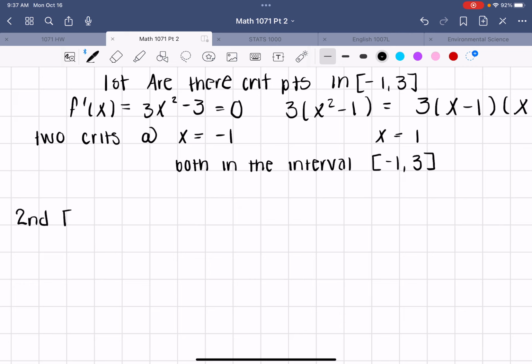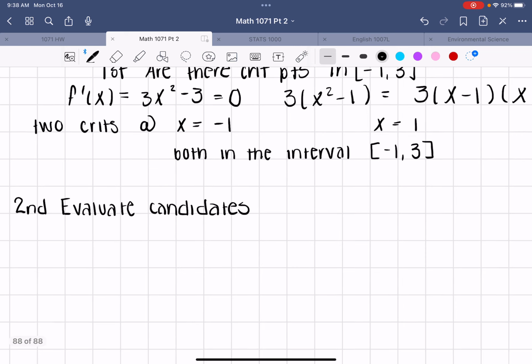Who are the candidates? The endpoints and critical points in the interval, which both of these are.